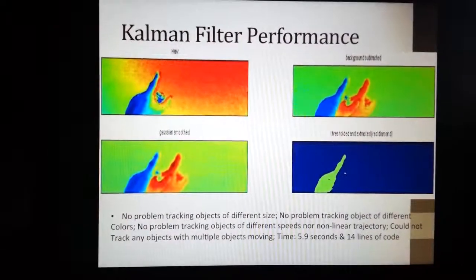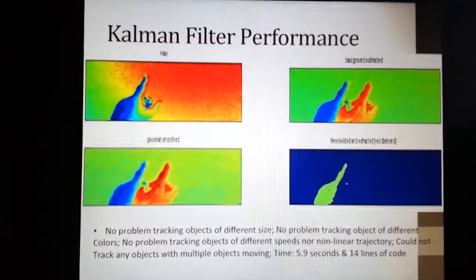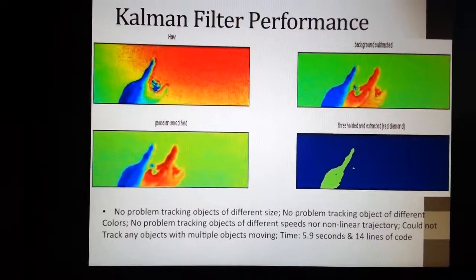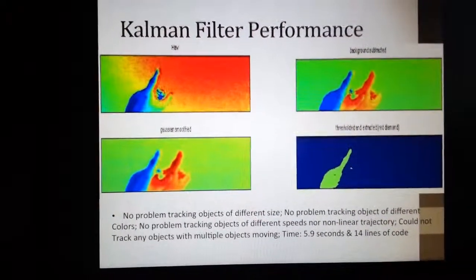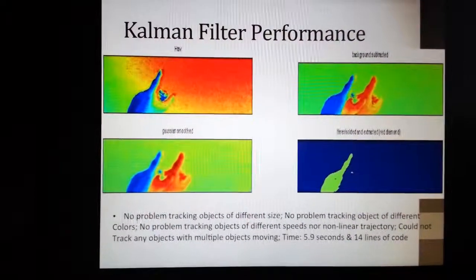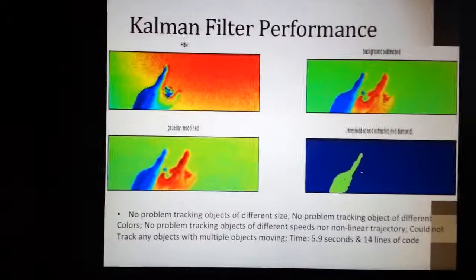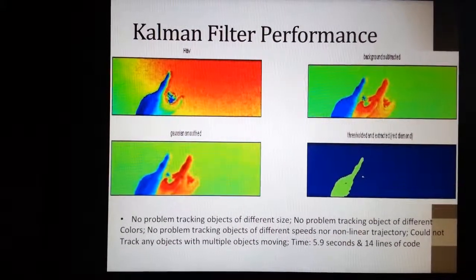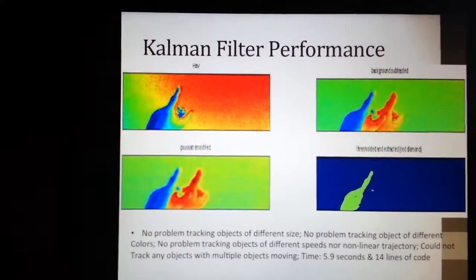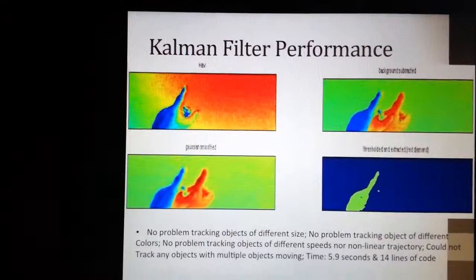Next, you can see the Kalman filter. This is the raw image, background image, Gaussian smooth, and threshold images after running the code, and I'll also show the image of my hand being tracked next. This code had no problem tracking objects of different sizes, different colors, different speeds, or nonlinear trajectory.